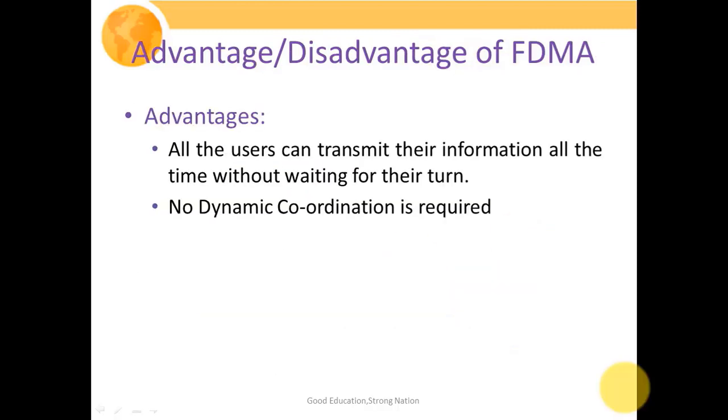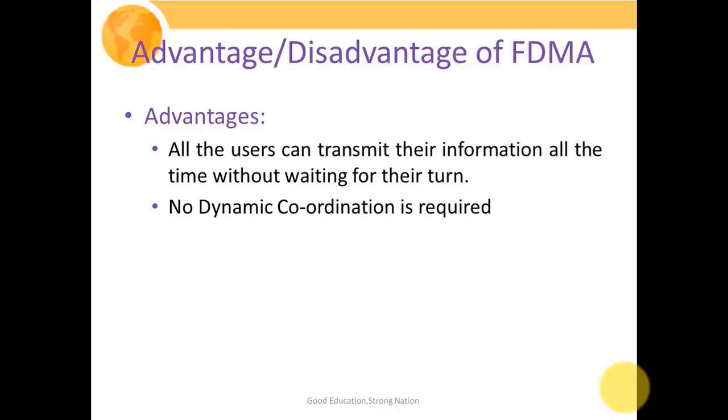The advantages of FDMA systems are, first, all the users can transmit their information all the time without waiting for their turn. This is what we saw in the last figure, where the sub band frequencies are available for the individual users, K1, K2 up to K6. Those sub band frequencies are available to all the users all the time; whenever they want, they can transmit their information.